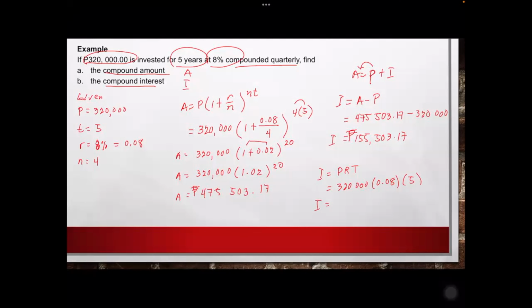May difference ng konti, kasi simple interest to eh, not compounded. Kasi ang sagot lang dito ay 128,000. Kasi simple interest lang siya. But ang pinag-usapan natin ay compound. That's why ito lang gamitin natin.